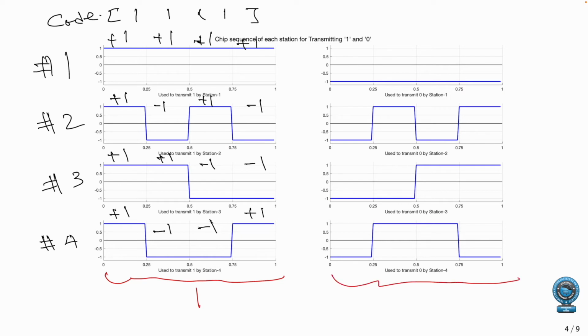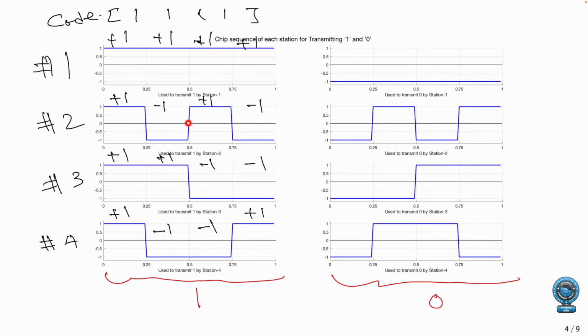Likewise, you can see whenever they want to send a 0, CDMA has said to use these chip sequences, or in other words, the negative of this. So all this +1, +1, +1, +1 have been converted to -1, -1, -1, -1.